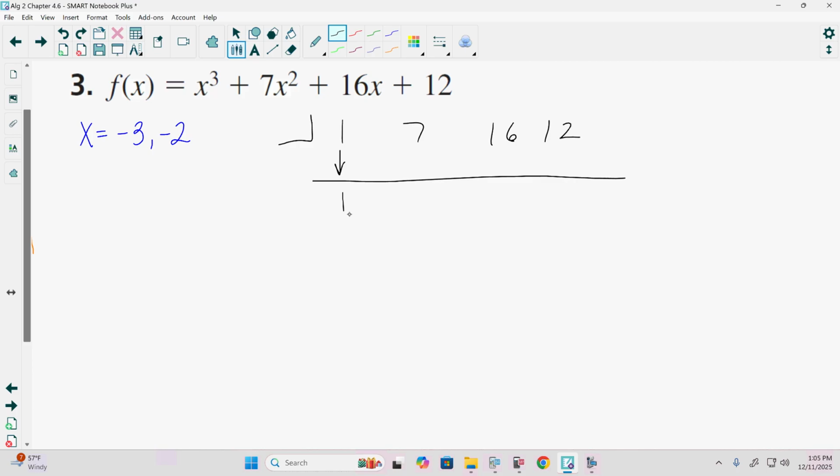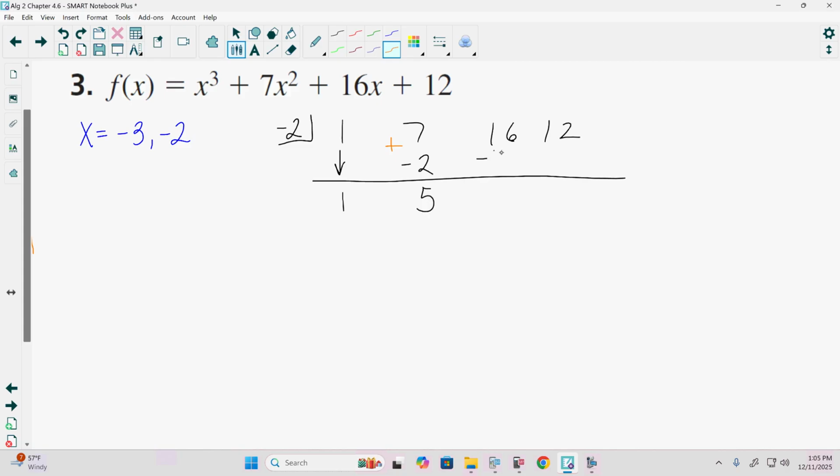And now we can do the synthetic division, simplify it down, and see what our last solution is going to be. Do we want to use negative 3 or negative 2 first? Doesn't matter. Negative 2. And we're going to go through this process again. Negative 2 times 1 is negative 2. 7 plus negative 2 is going to give us 5.